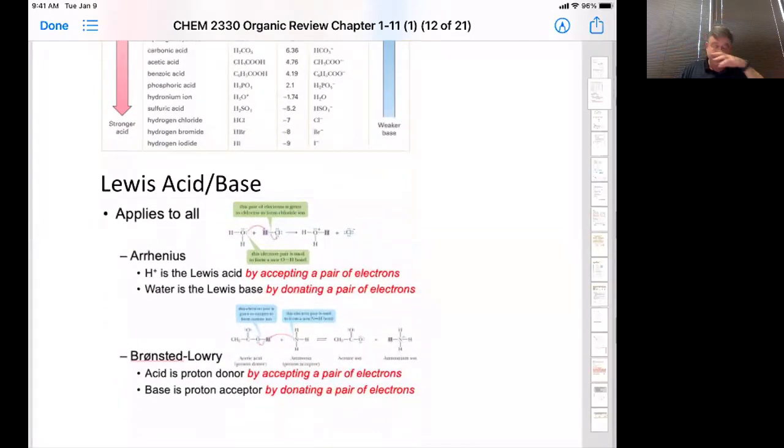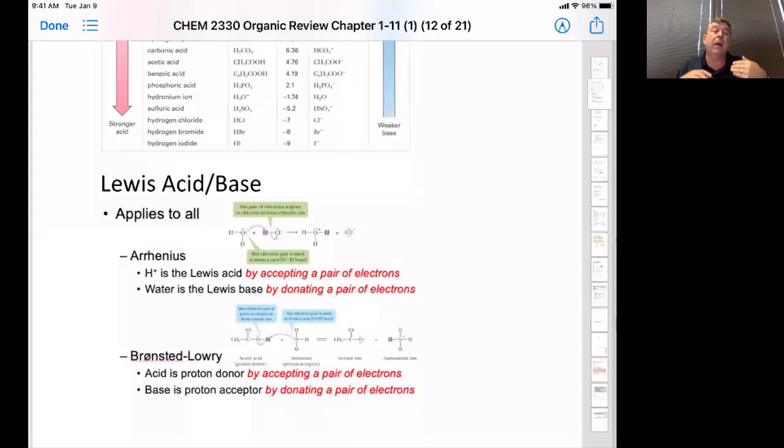So the idea here is a Lewis base is something with a lone pair or a negative charge, ready to use those electrons to make a sigma bond. A Lewis acid is anything that is lacking enough electrons and is looking to go and take those electrons donated by the base to make a sigma bond.